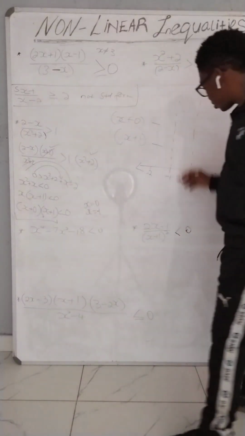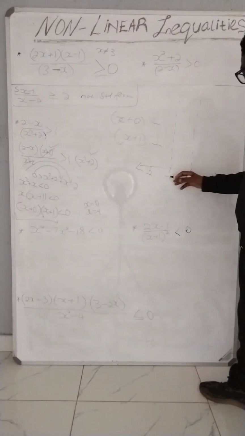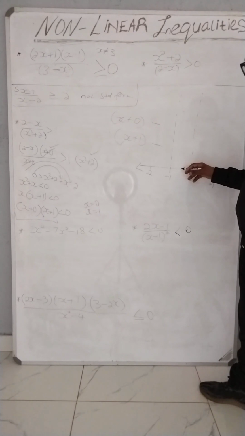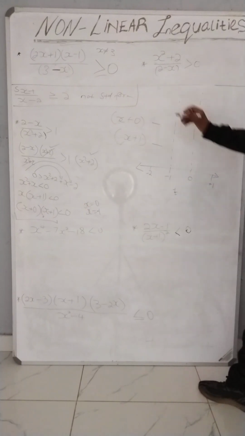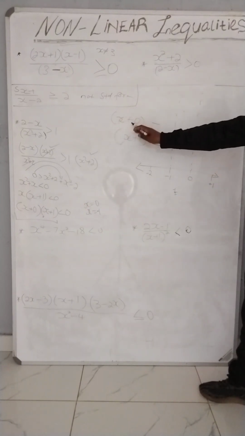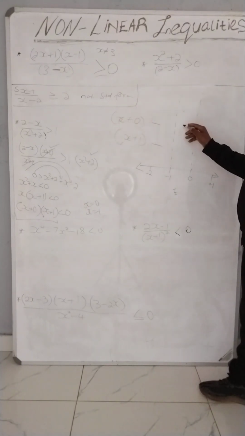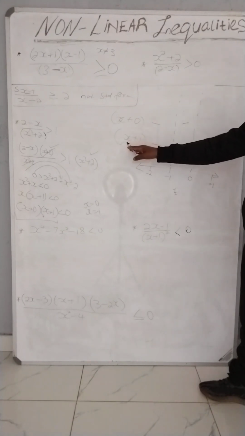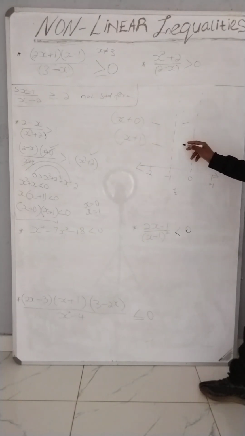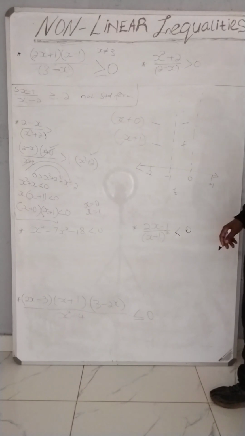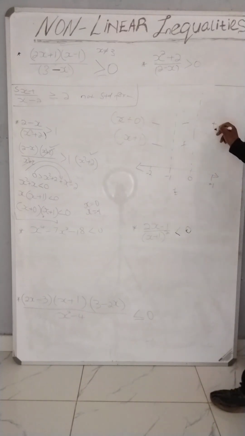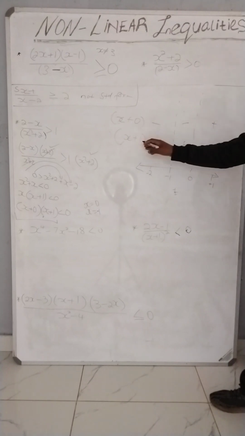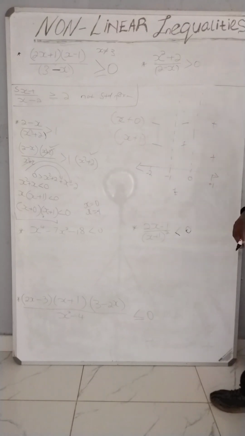If your x is between negative 1 and 0, say negative half, negative half plus 0 there, you have negative. If you have negative half plus 1, you have a positive. And then this side, if you have 1 plus 0, you have positive. If you have 1 plus 1 there, you have a positive 2.